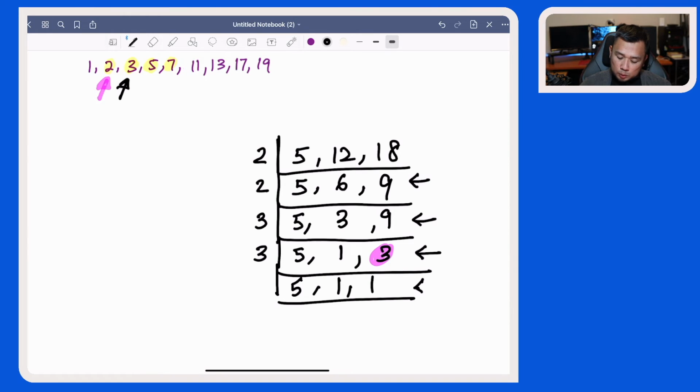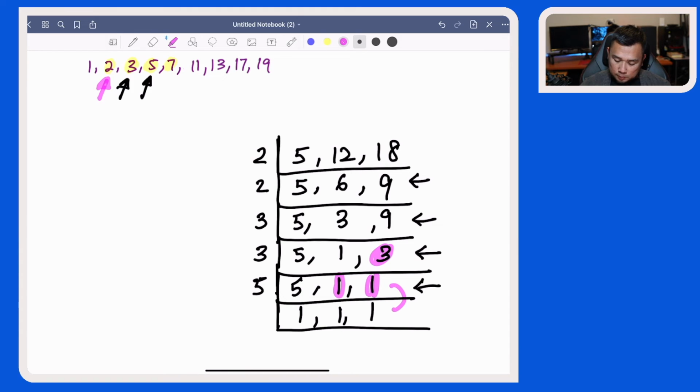And similarly, we'll check this row to see if we can further divide any of these numbers by 3. Well, we're left with only one number now, which is the number 5. So let's move on to the next prime number, which is 5. Put it on my left side, and now I'll work out what's 5 divided by 5, which is 1, and I'll copy the other 2 numbers, which are 1, and I'll bring them down to the last row.